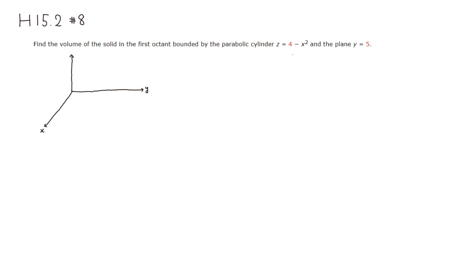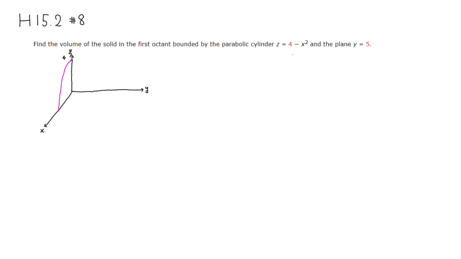If you look at the image on the xz plane, you have a parabola. The highest point is 4, so I'm going to put 4 there. Then it's a parabola, so it's going to look kind of like this, and it hits the x-axis when x equals 2.